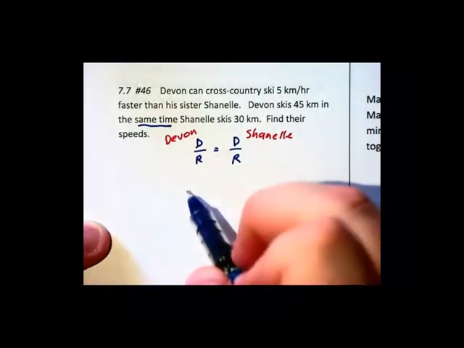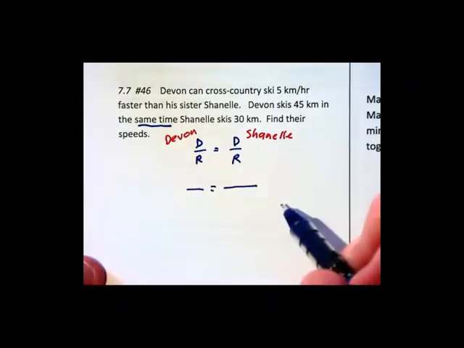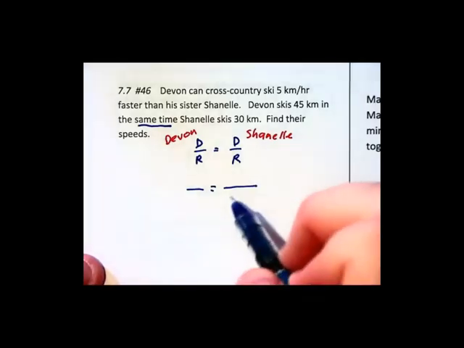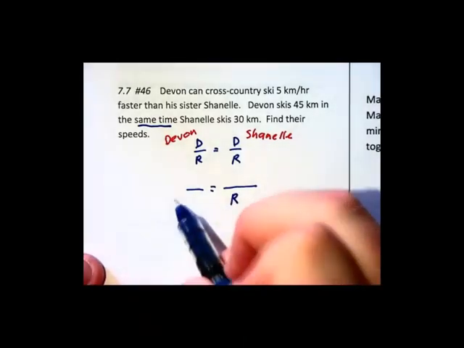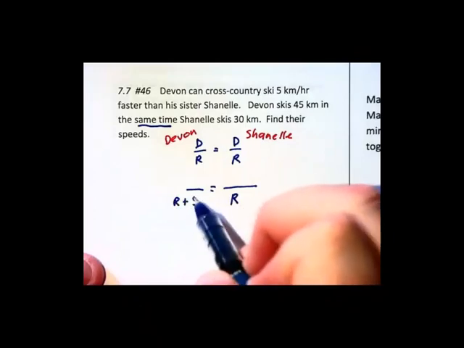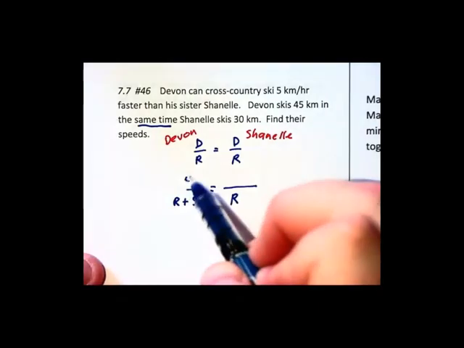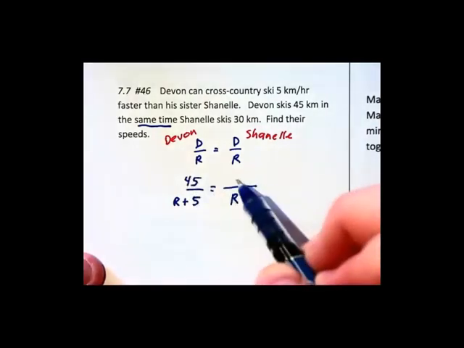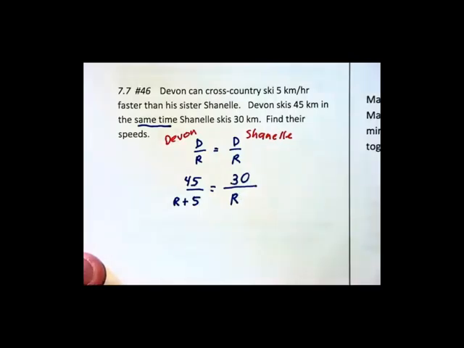And let's see what we've got. 5 kilometers an hour faster than Chanel. So if Chanel is skiing at r kilometers per hour, Devin is skiing at r plus 5. Devin can ski a distance of 45 kilometers in the same time that Chanel skis 30 kilometers for her distance.